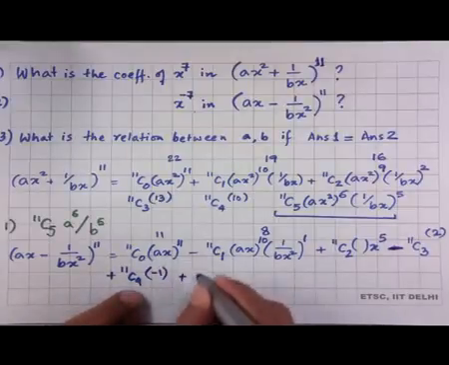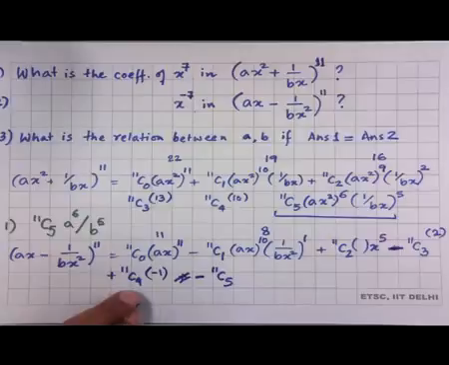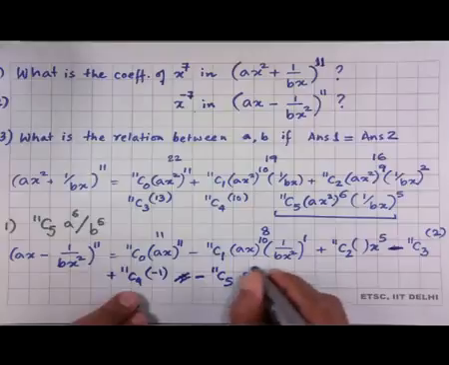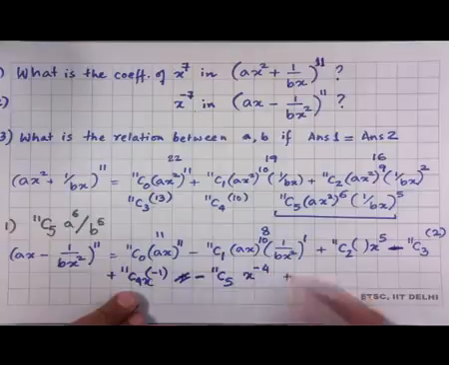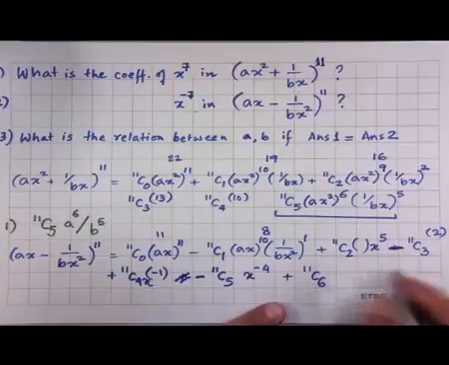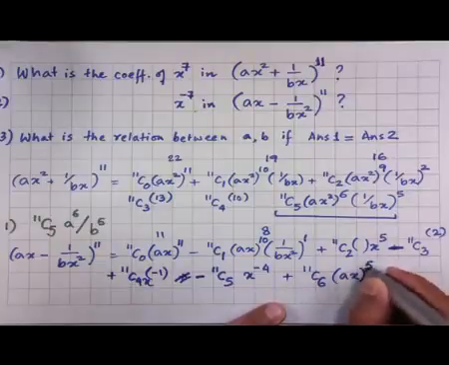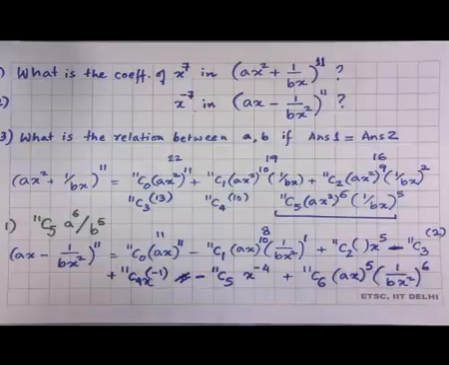Next 11c5 and x power minus 4, and then I will get 11c6, and then let us write this out completely, (ax) whole power 5 (1 by bx squared) whole power 6, and examine it carefully.